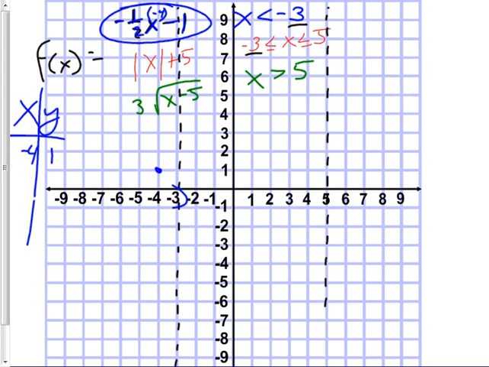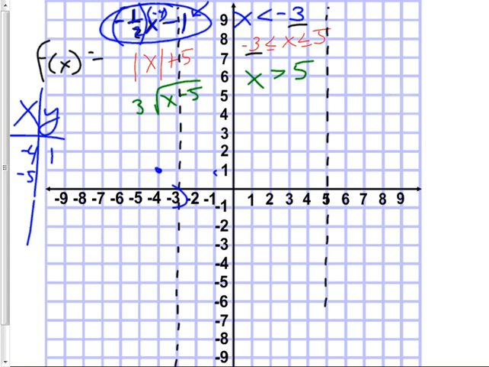Now I know intrinsically that this is an equation that has a slope of -1/2 and a y-intercept of -1. But I can't do the y-intercept because that's in the zone over here where I'm only supposed to stay in this zone over here. Okay, so that's why I'm going to use the XY chart. Now I'm going to try -5. Stick it in -5. Oh, wait a minute. I'm going to have to take 1/2 of -5.